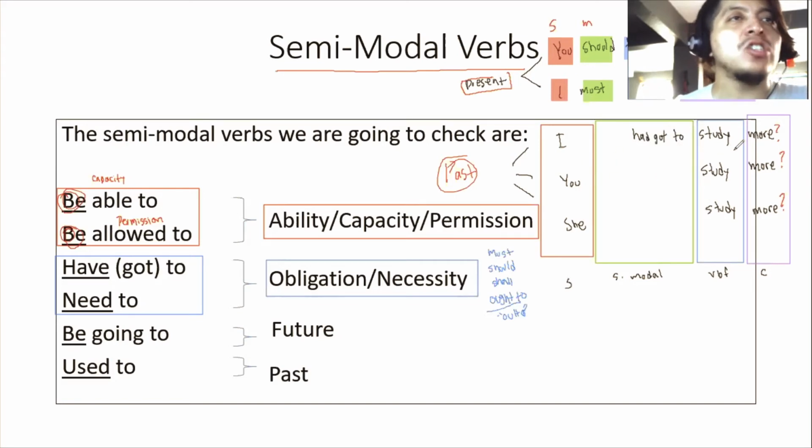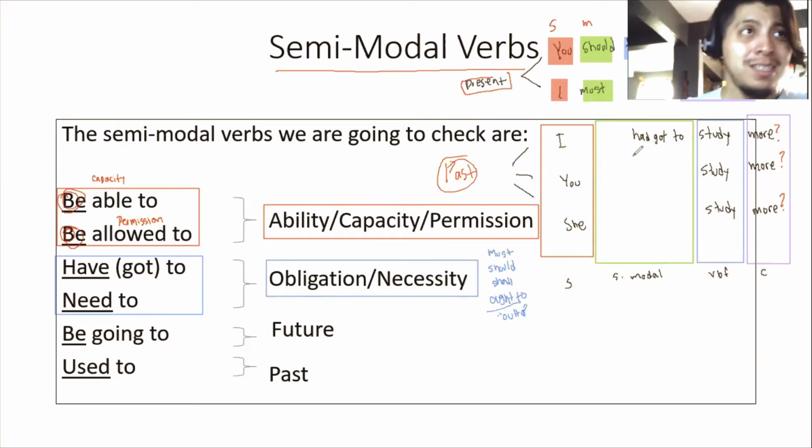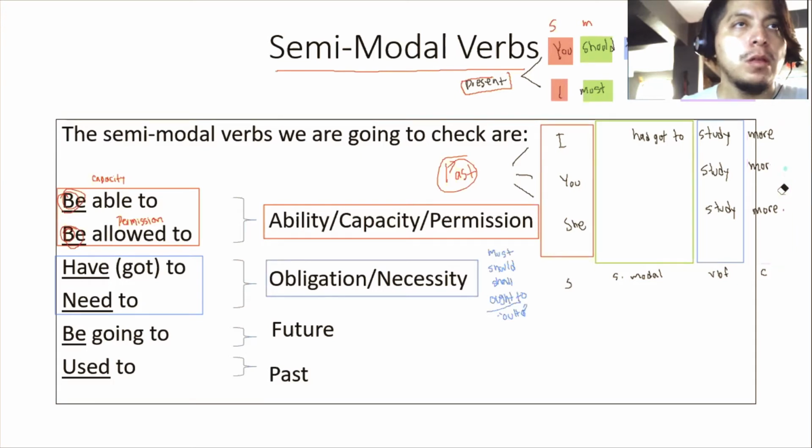I have got to study more. So in this case, this is not a question. This is an affirmative statement. So what you need to do is change the verb to the past.